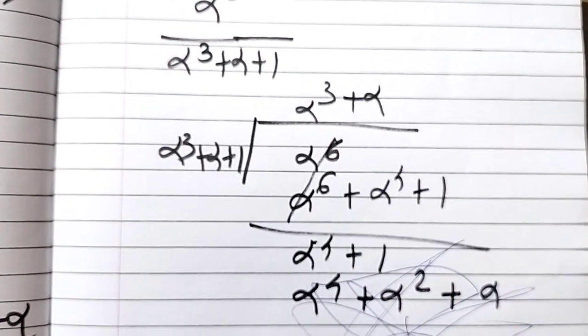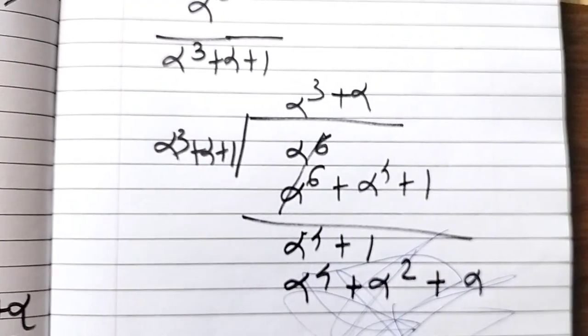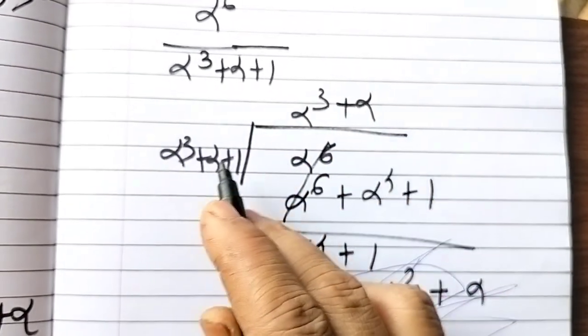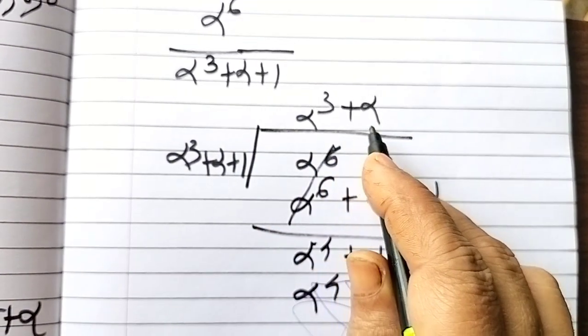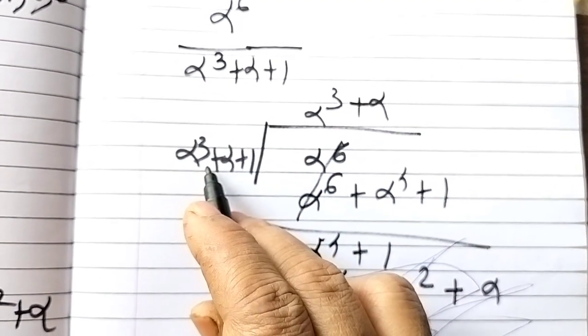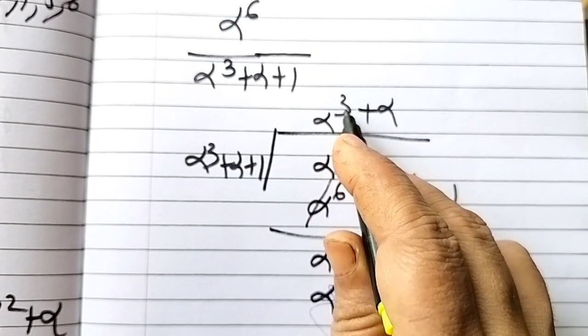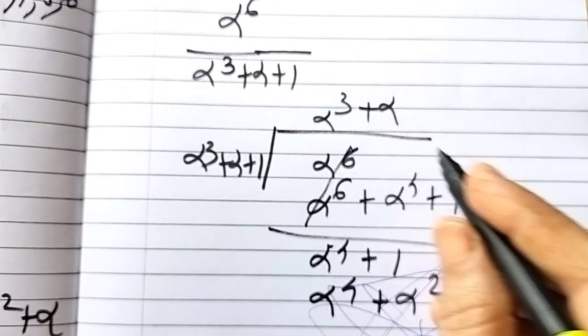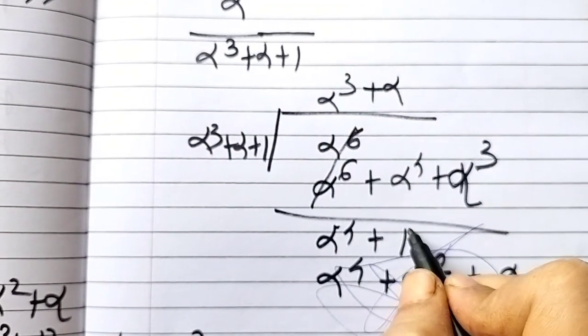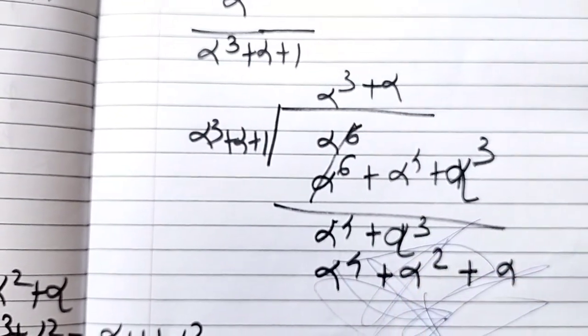Something I have done wrong here: it is alpha cube, not 1 in the earlier step.